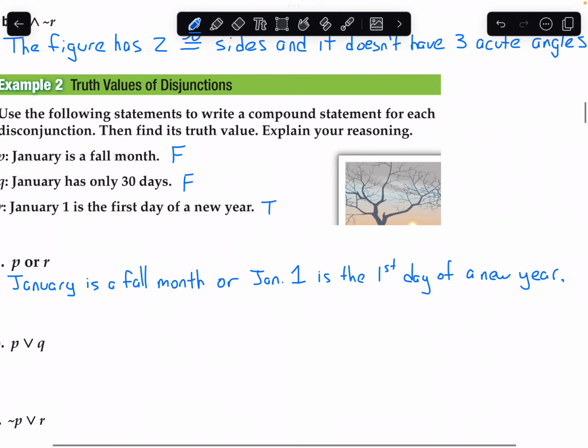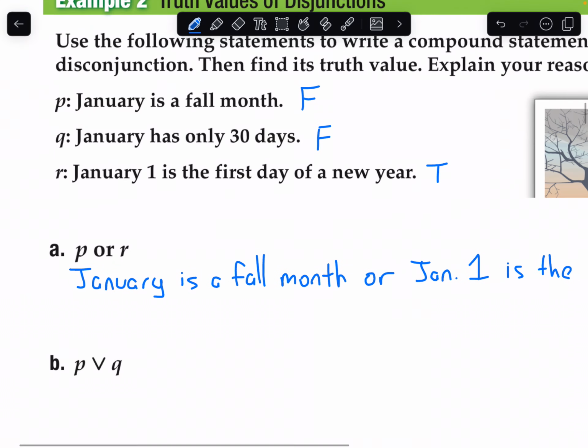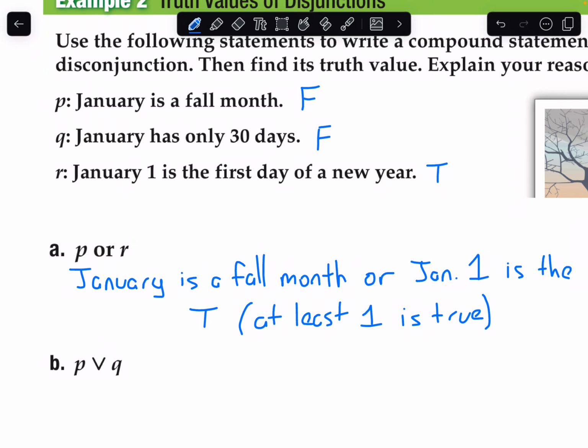So one of those is true, so that means the statement as a whole is true. At least one part is true.